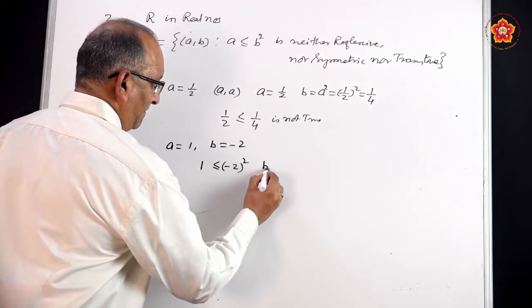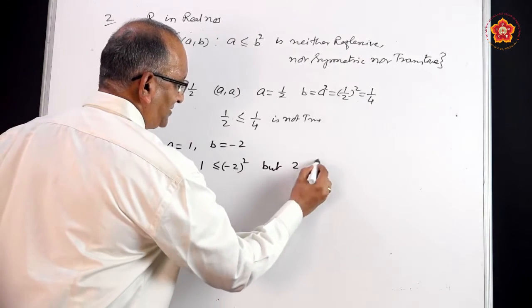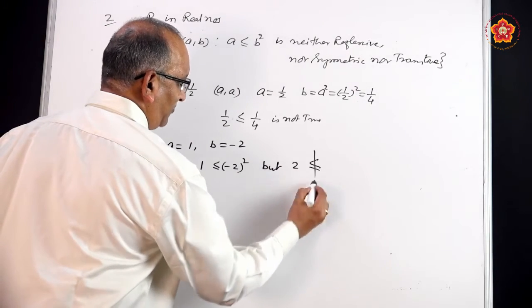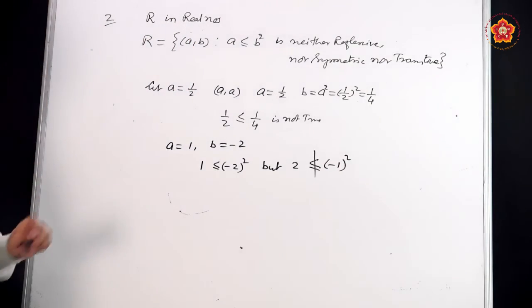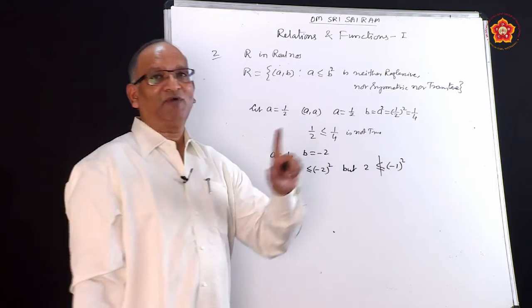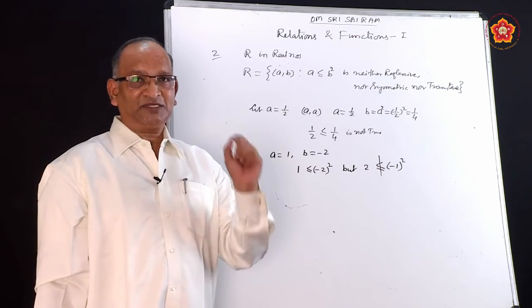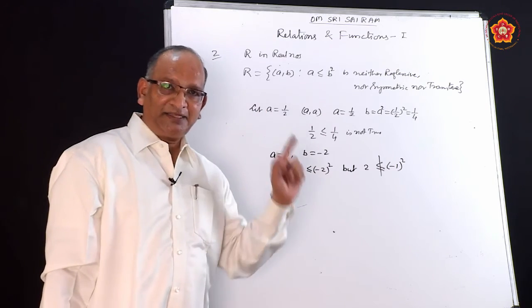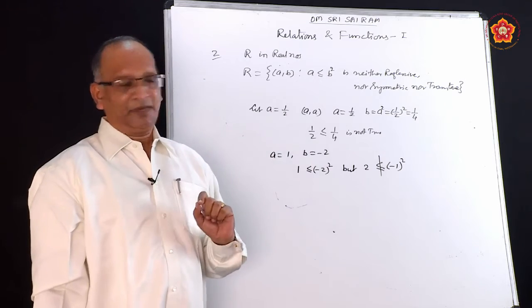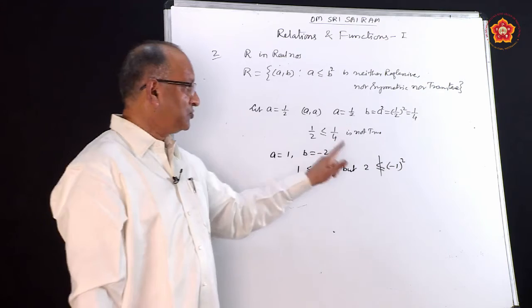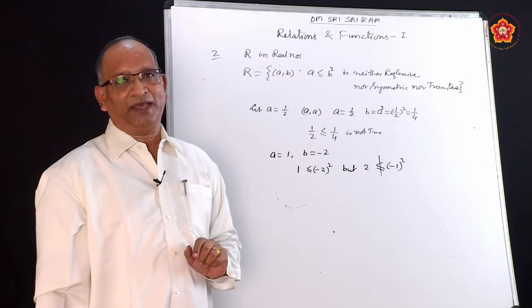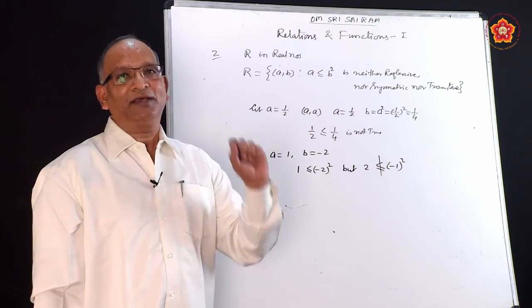But 2 is not less than or equal to (minus 1) square. Why? (Minus 1) square is 1. You cannot say that 2 is less than 1. No doubt 1 is less than (minus 2) square, but 2 is not less than (minus 1) square. Conclusion, it is not symmetric.